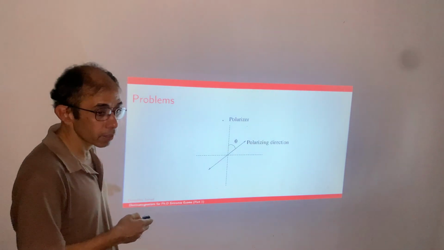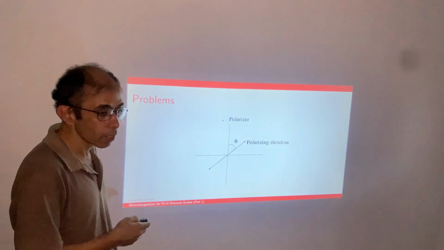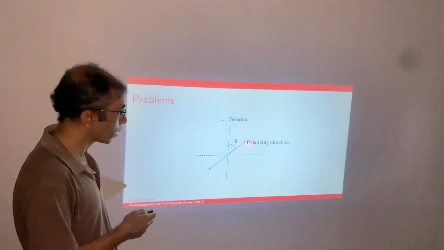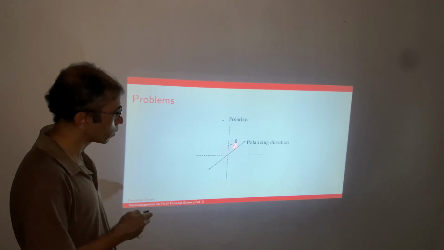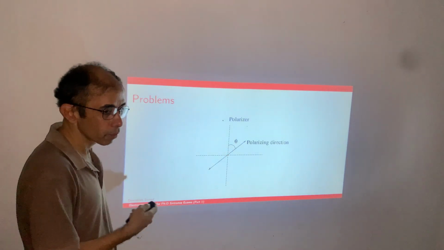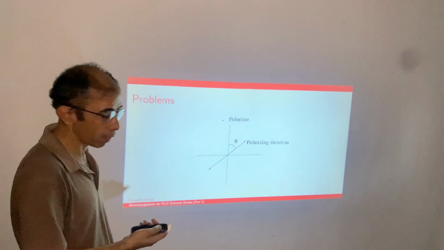But here the light is unpolarized, which means there is no preferred direction. With equal probability, it can be in this direction, or this direction, or this direction. So it's completely random.